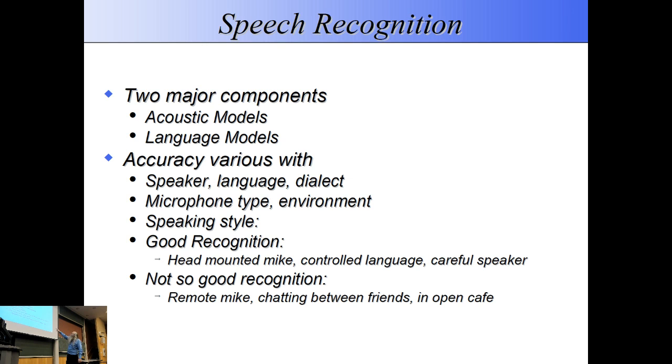A not so good recognition situation would be a remote mic, with chatting between friends or other people chatting around, because that means there's lots more very similar acoustics that can mix things up. Outside with a brass band playing and cars going by makes it much harder.